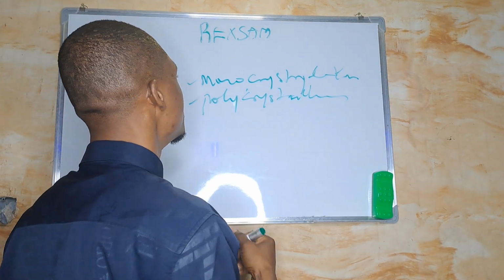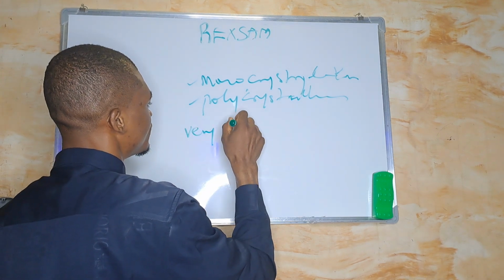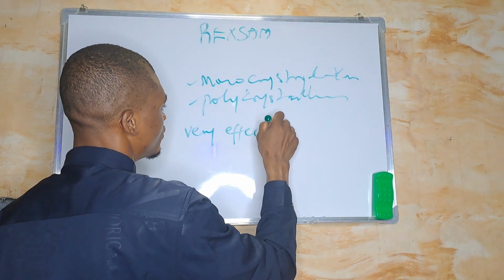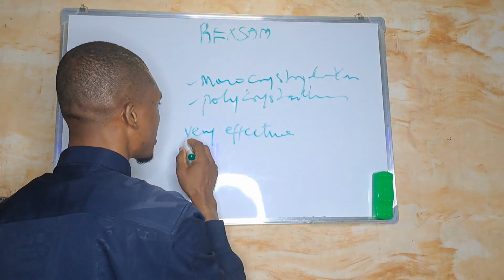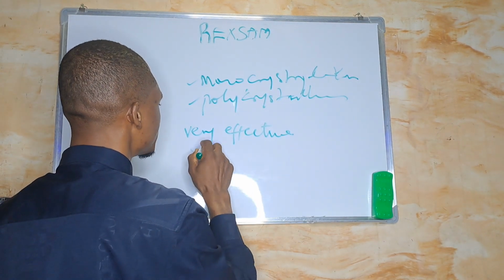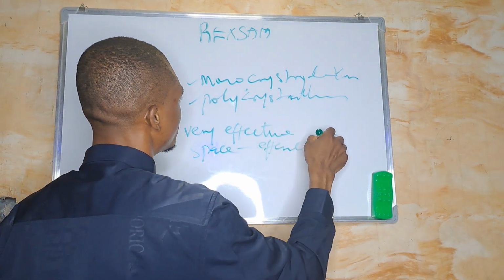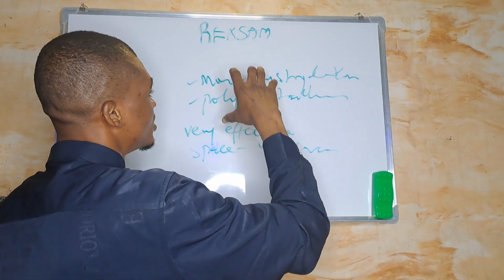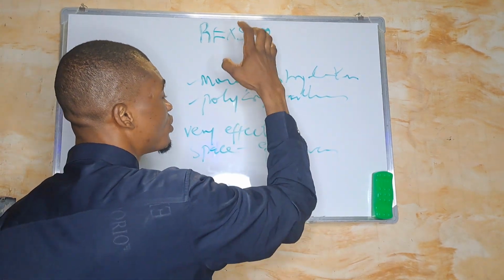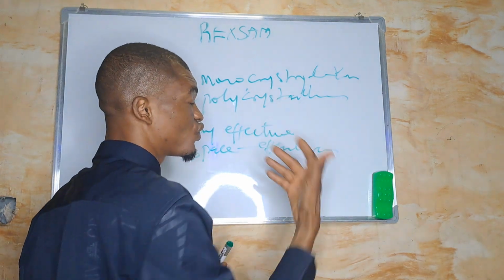The monocrystalline is very effective compared to this. Then it also has what we call space efficiency. Because of these two factors, it doesn't depend much on the appearance or the intensity of the sun for it to function.